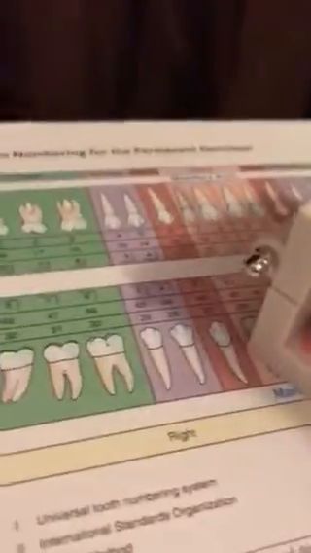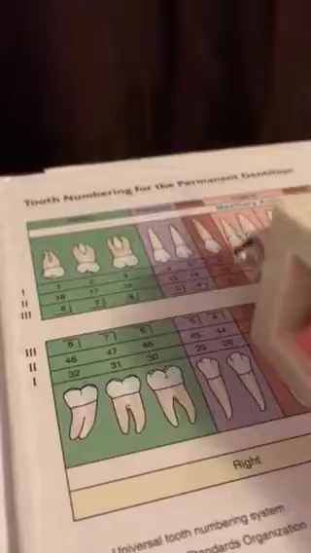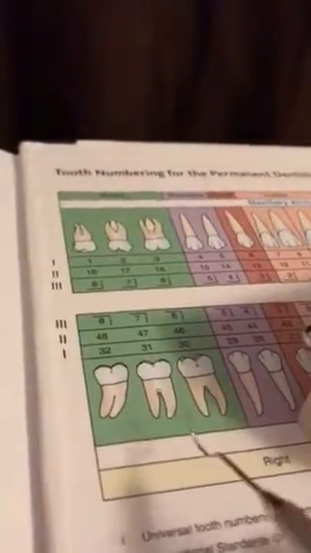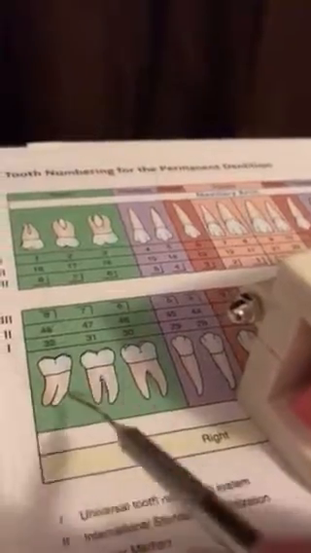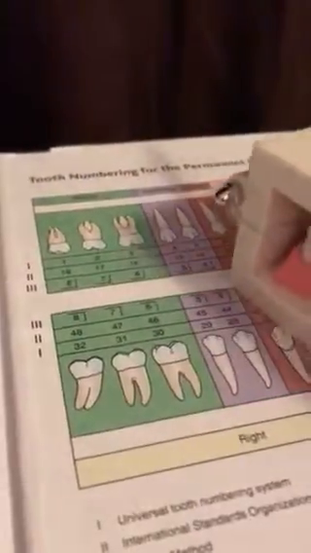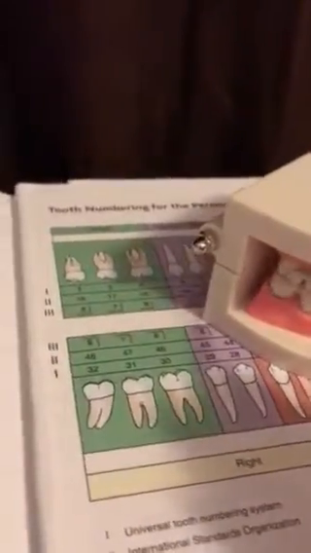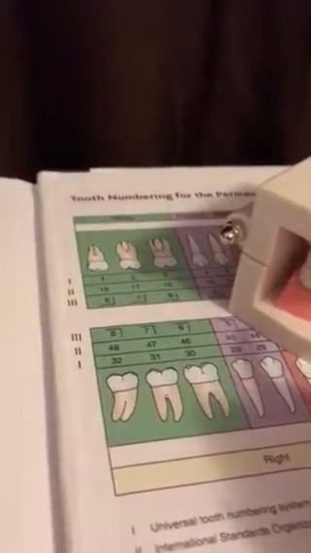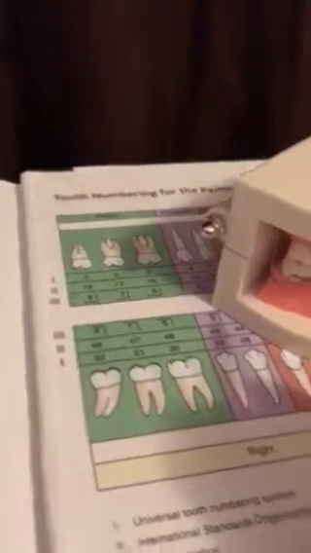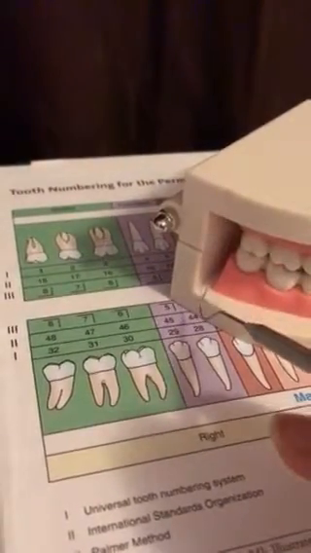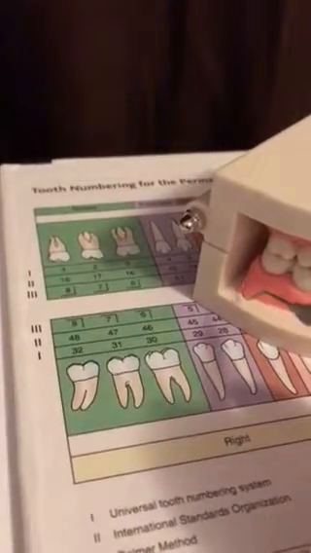Now, my background here is also a tooth numbering chart. What you're going to notice that is different between the actual chart and my Typodont is that my Typodont is missing its third molar. Okay? On the right side, it's missing tooth number 1. That will go here. And also tooth number 32.